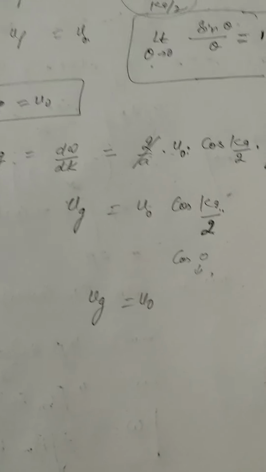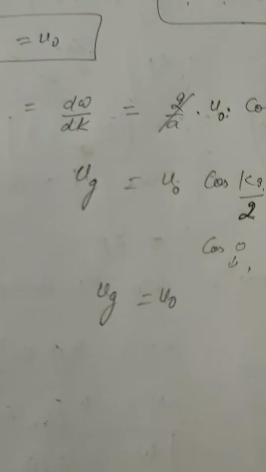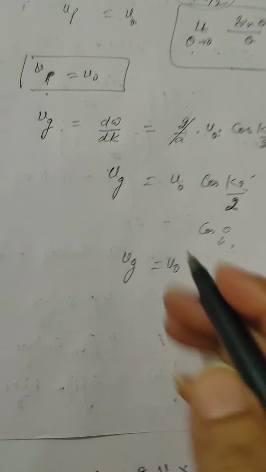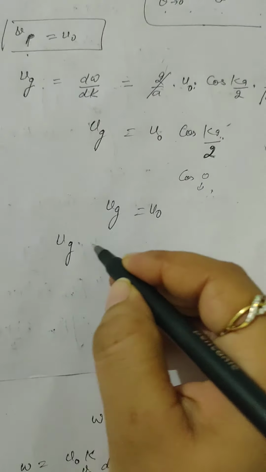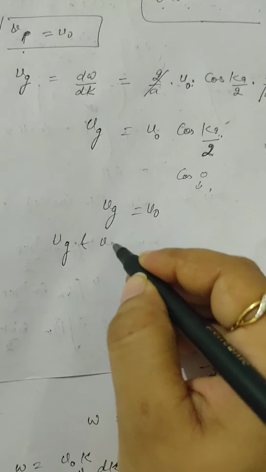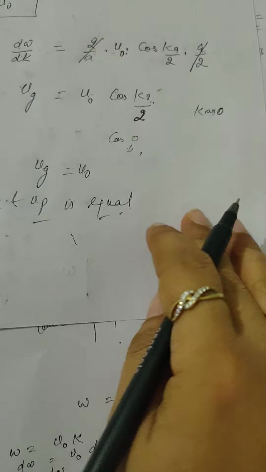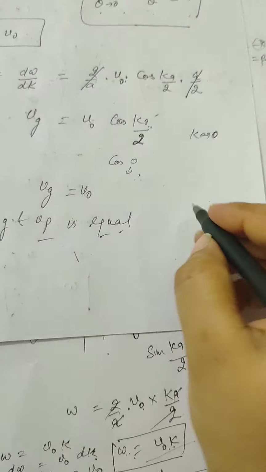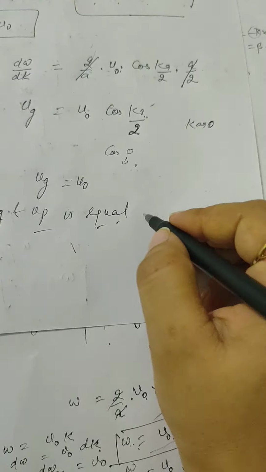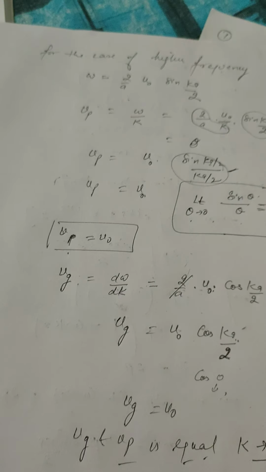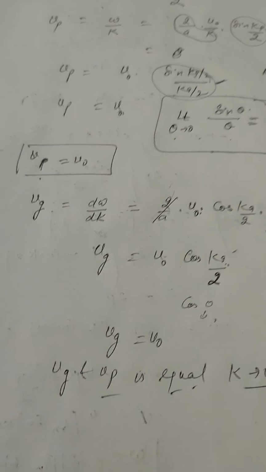So the value of group velocity and phase velocity is equal if I implement the condition that k tends to 0, for the case of higher frequency.